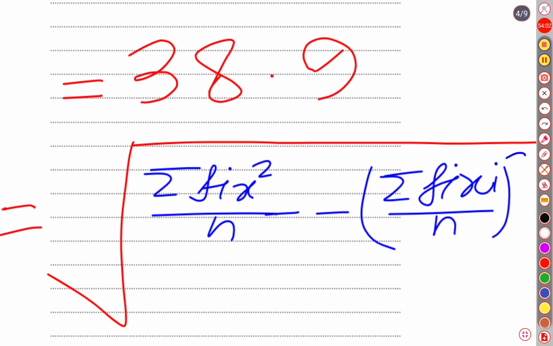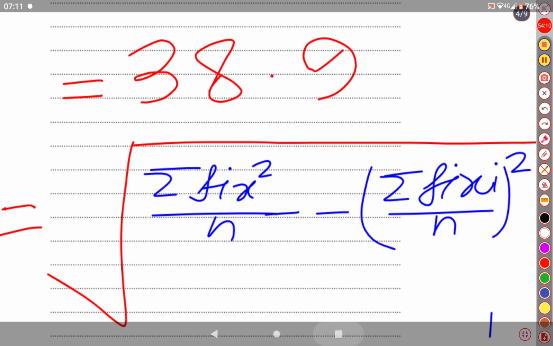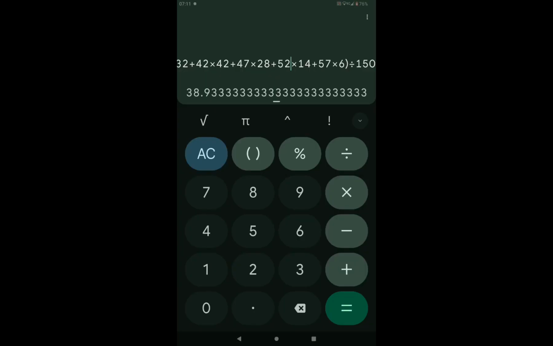So all the mid values will be squared. Now let us use our calculator to get the value.